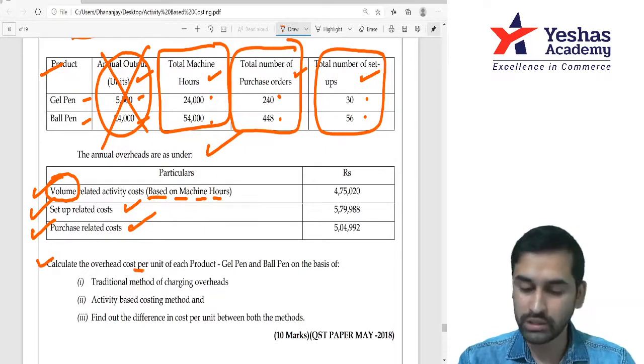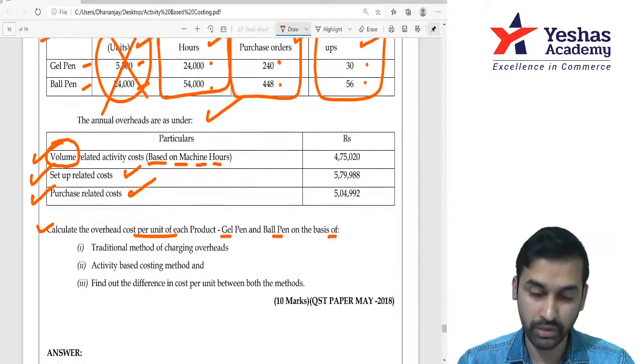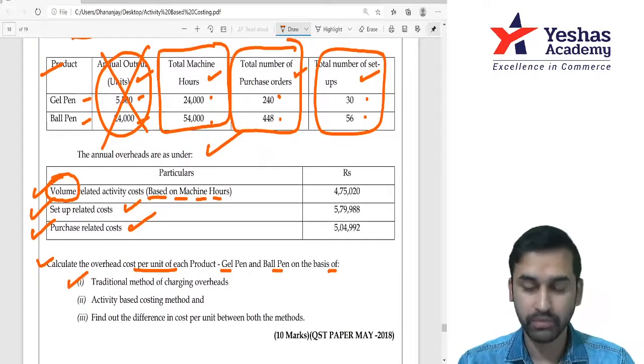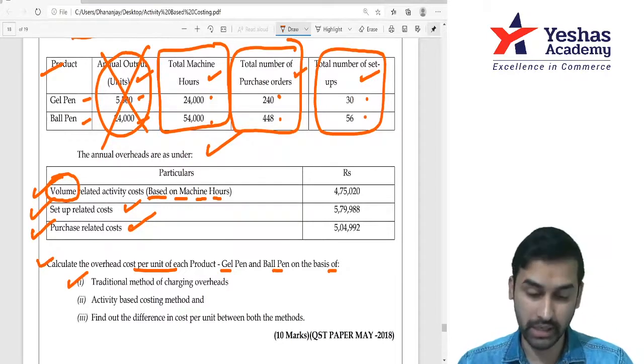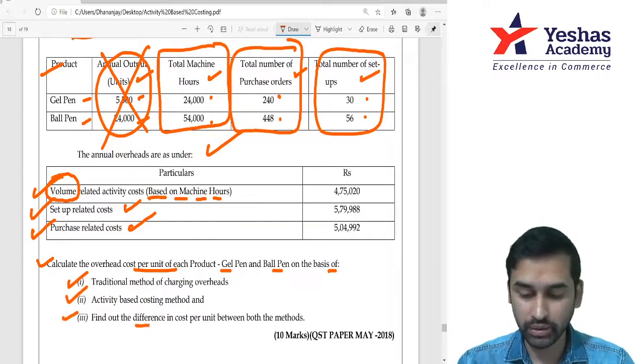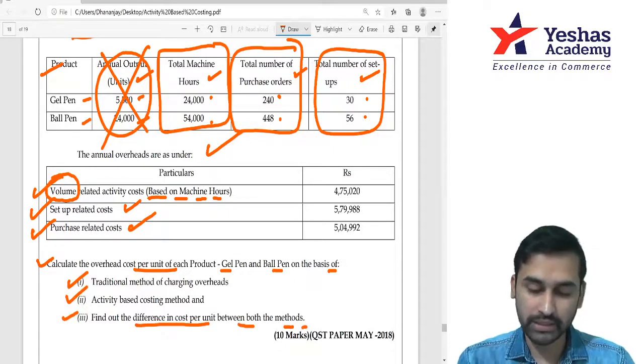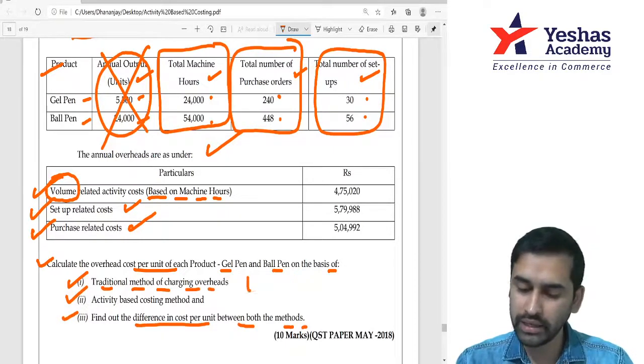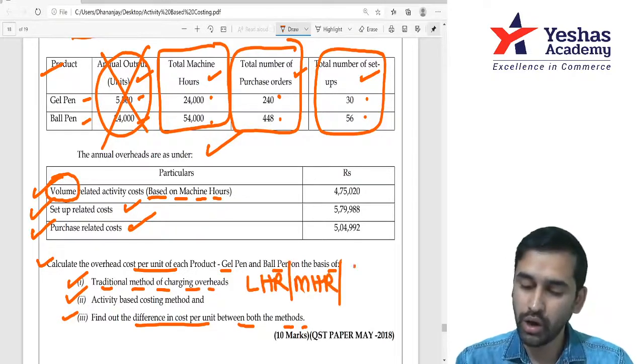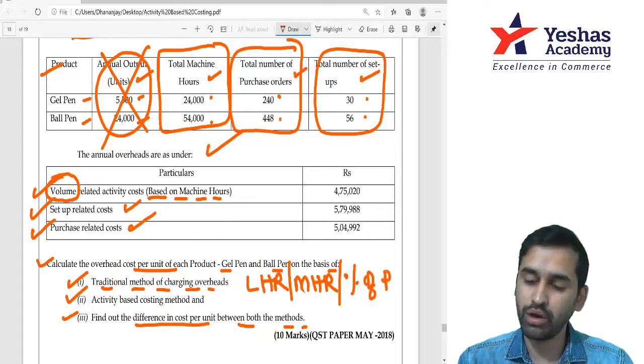Calculate the overhead cost per unit of gel pen and ball pen on the basis of the traditional method, that is either MHR or LHR, and ABC. Find out the difference between the two. Here you observe, they said traditional method. They did not say whether it is LHR or MHR or a percentage of prime cost.